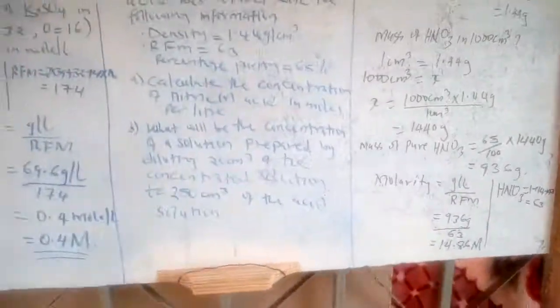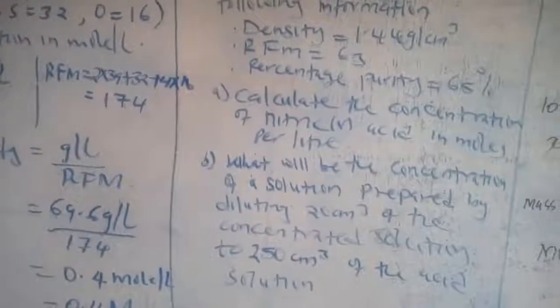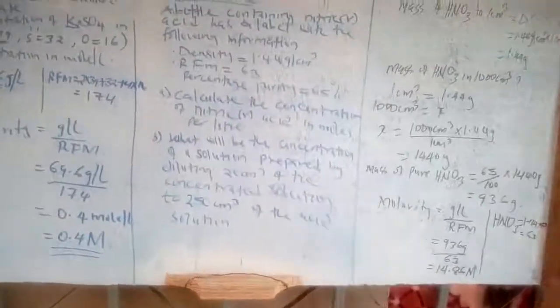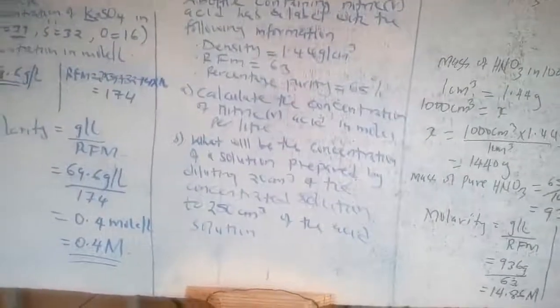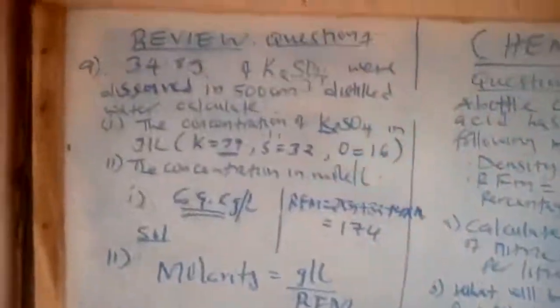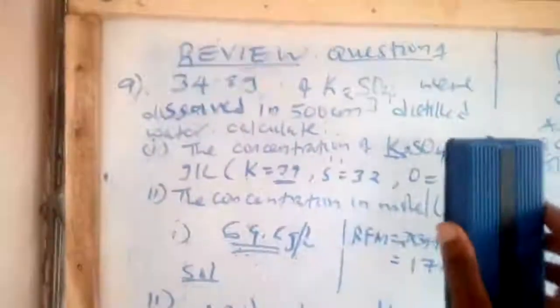And therefore we are done with the first part of the question, and we are going to go to the second part of the question. In the second part, I'm going to erase this part which we have already done, so that I can demonstrate very well how you are supposed to calculate the concentration.